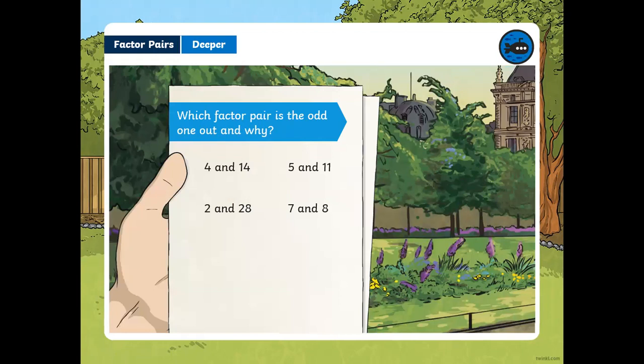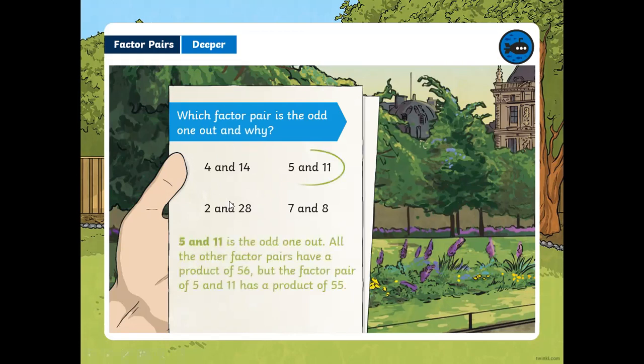Why do you choose 5 and 11? Because they are odd numbers. They cannot be divided by 2 or something. Any other answers? Never mind. This one is a little deep, huh?